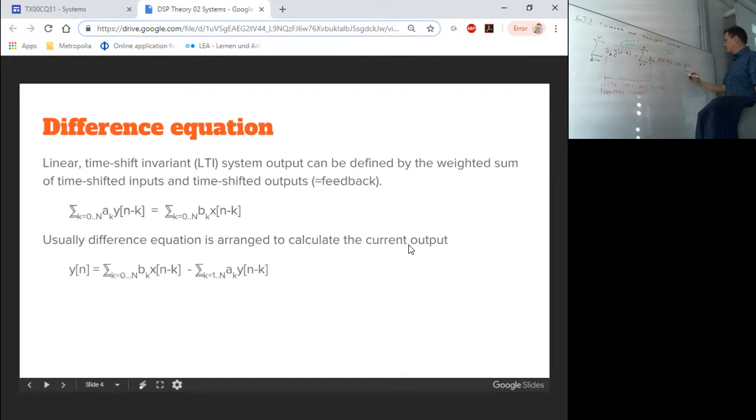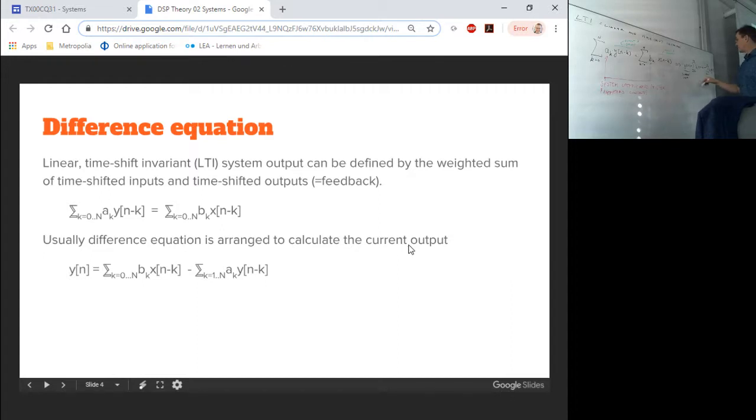Y of n is the current value as a weighted sum of input, minus a weighted sum of k from 1 to N, a k, delayed output, previous values.